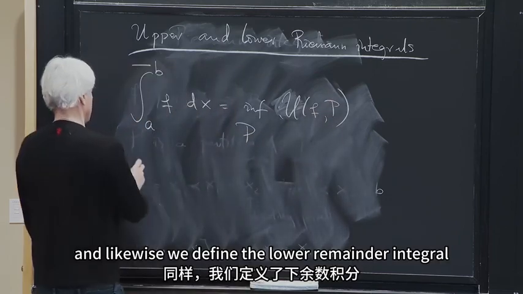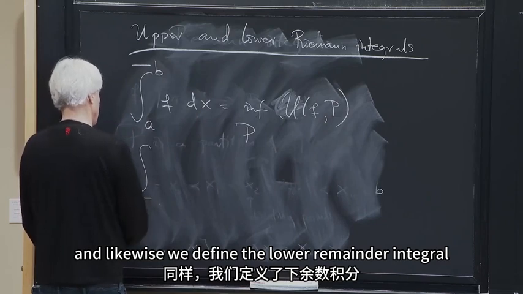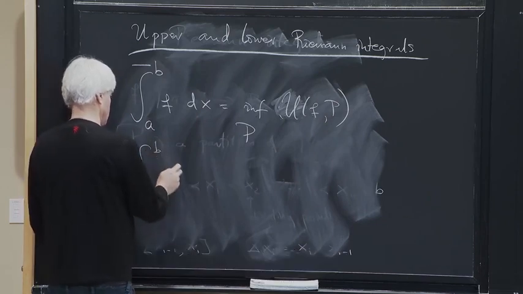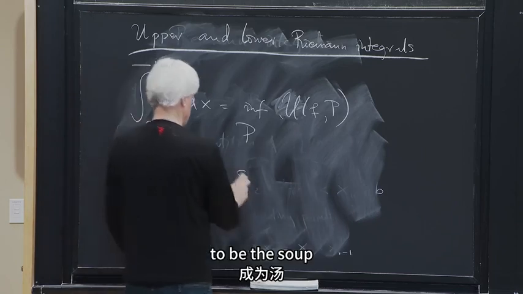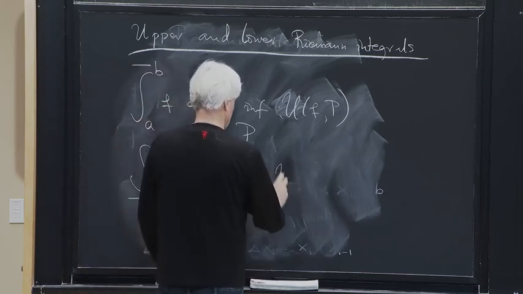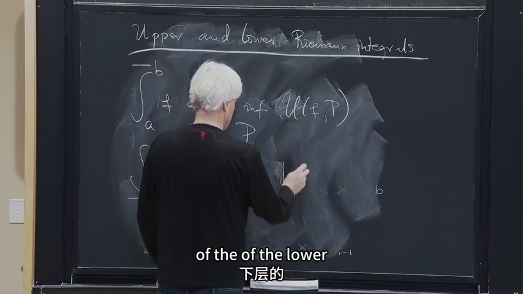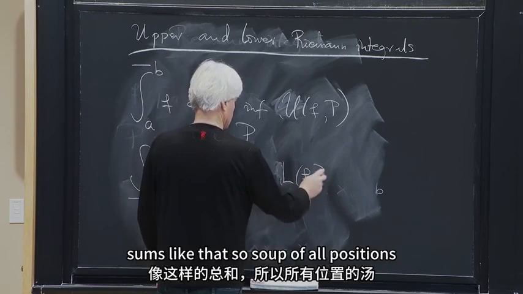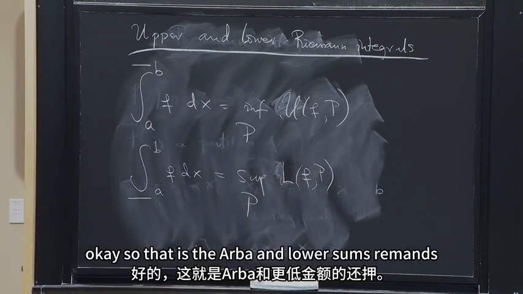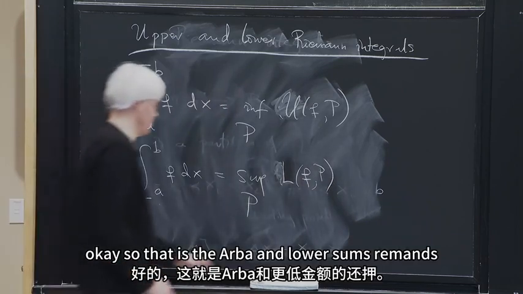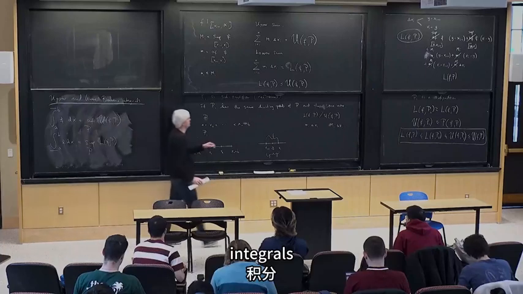And likewise, we define the lower Riemann integral of this bounded function to be the sup over all partitions of the lower sums. Okay, so that is the upper and lower Riemann integrals.